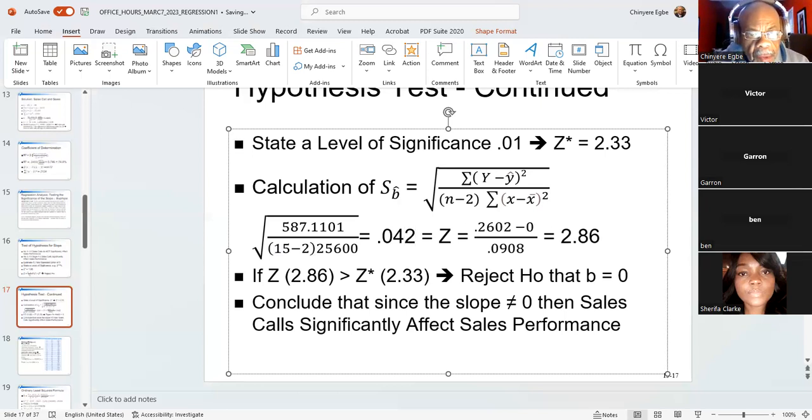Let me just make sure of my calculations. It's supposed to be 15 minus 2, not 15 minus 1. No, it's 15 minus 2. That was a mistake. I seem to get 0.0176.